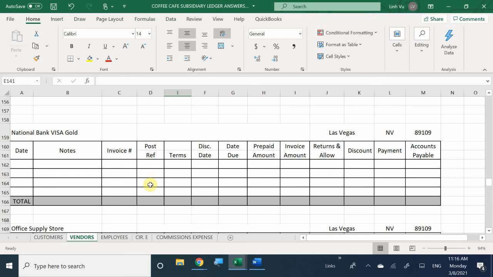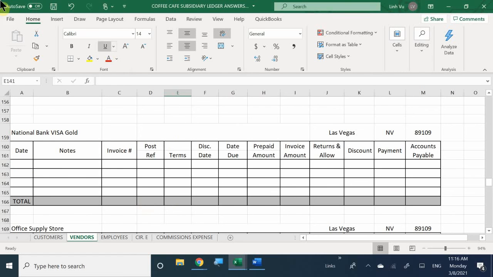Do I need to update this section right here? You say no, we haven't gotten a bill yet? No, we haven't received the bill yet. That is correct. Right now, we only have an account balance of $85, right? So that means it doesn't stop there. We're still going to make more and more credit card transactions. So in this case, we don't need to place anything in here.